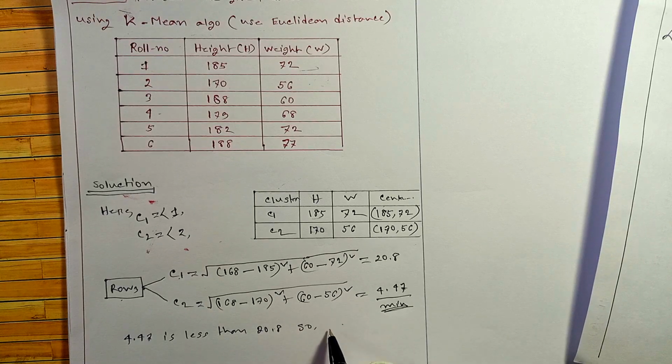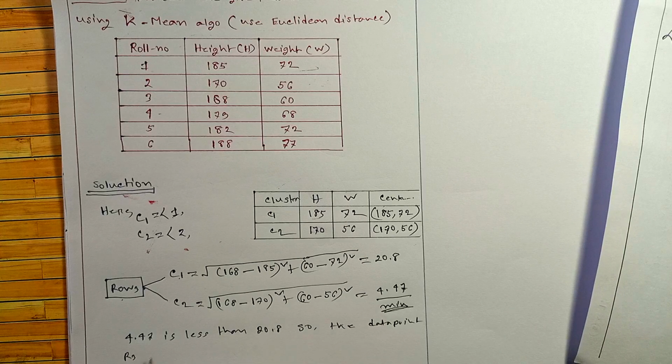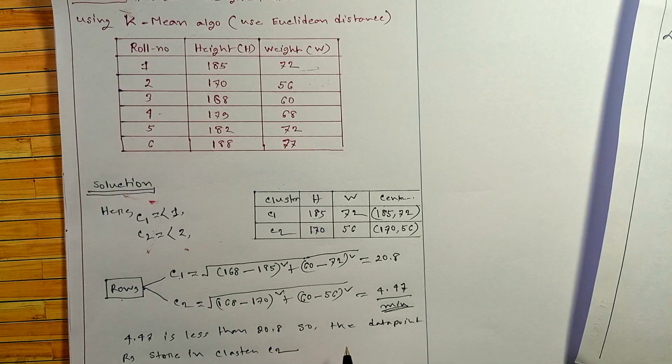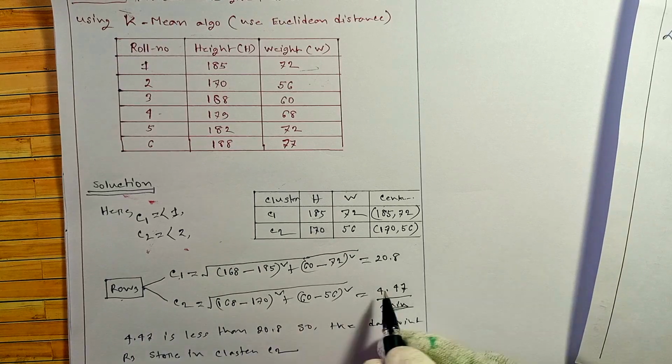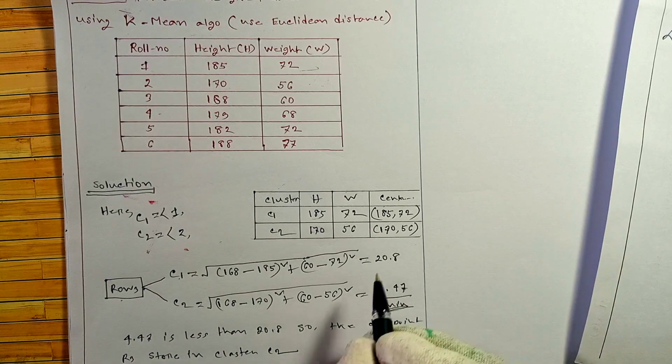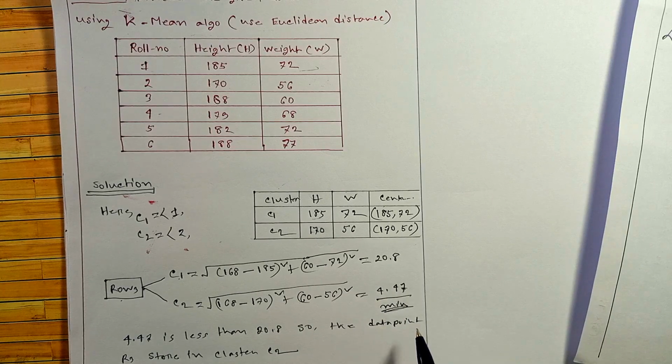So the data point row 3 is stored in cluster C2. Since C2 is minimum, that's why this data point will be stored in C2.